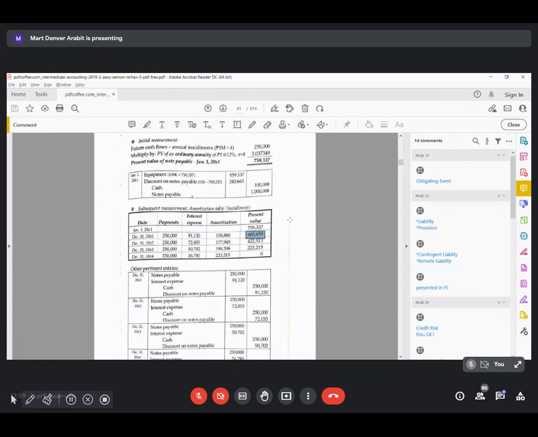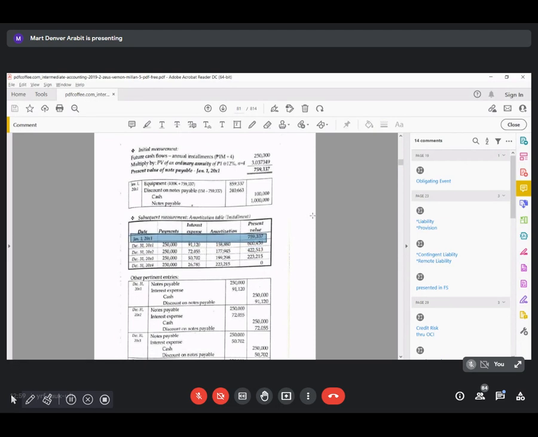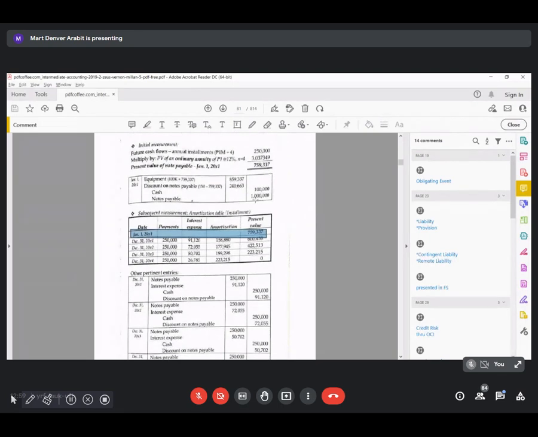Okay? Para recognize na natin yung paid portion nung serial note. We call it serial note kasi note due on installments. Okay. So same goes on. 600,000 multiplied by 12%.